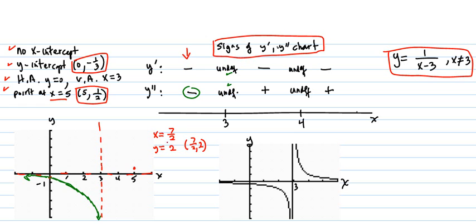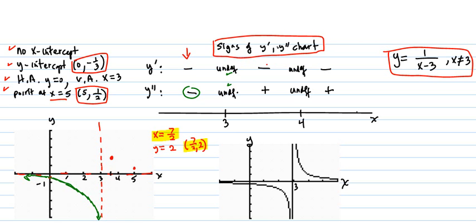So we choose x equals 7/2, right in between there, 7/2, and y turns out to be, when you plug it into the function, 2. So there you have your point, 7/2, 2. So we can graph up here to 2. Now we know where our point is.